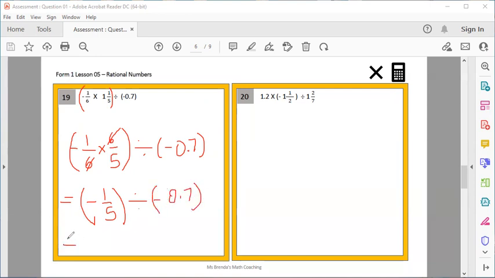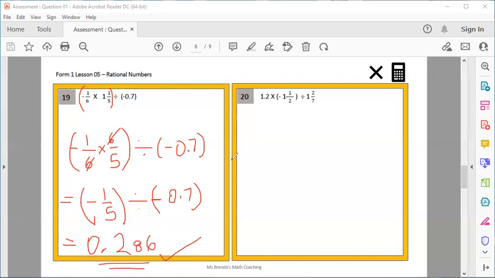You must know 1 over 5 is so easy. It's actually 0.2, right? You just take 1 in your calculator, divide by 5, you get 0.2. 0.2 divided by 0.7 would be, oh, it's a very long number there, isn't it? Round it off. 0.286. But negative and negative, it's a positive. You should get this answer.